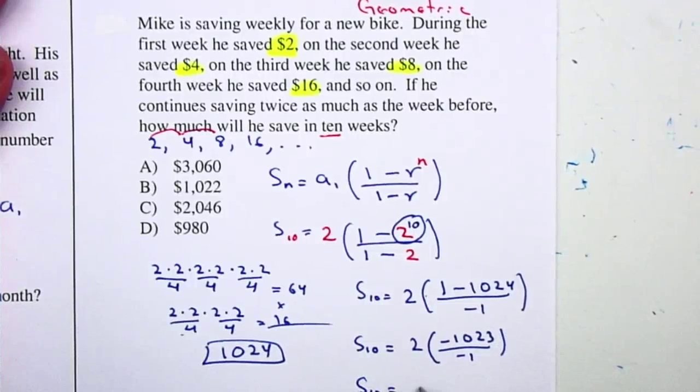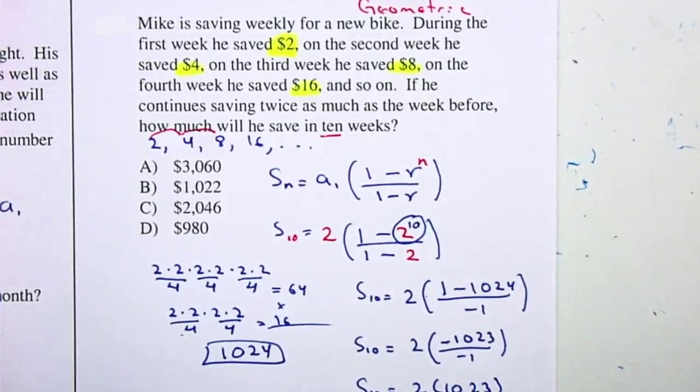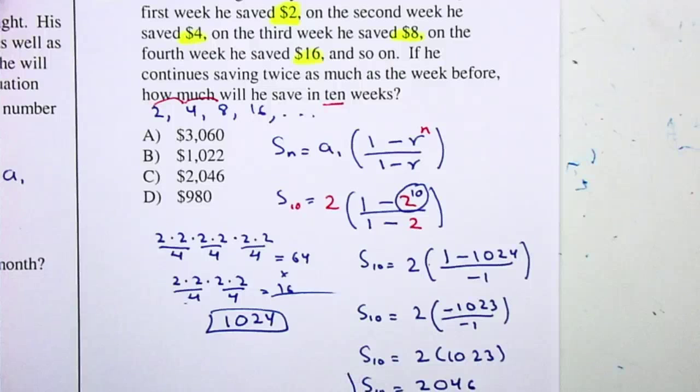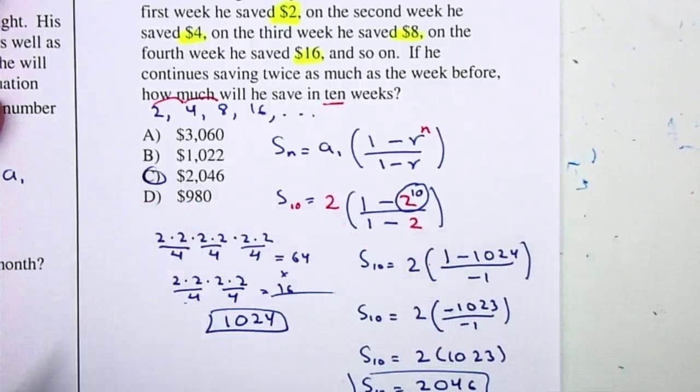Negative divided by negative is a positive, so that will be 1023. Multiplied by 2 gives me the sum of the first 10 numbers will be 2046. So therefore your answer is letter C.